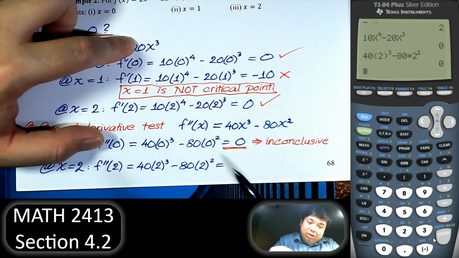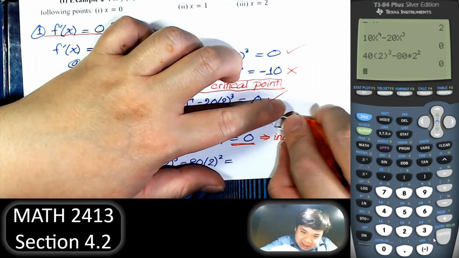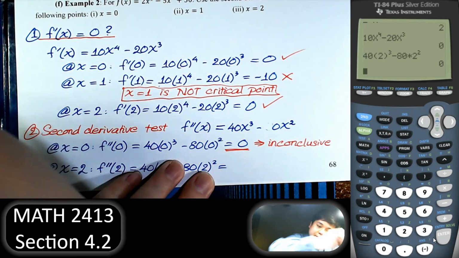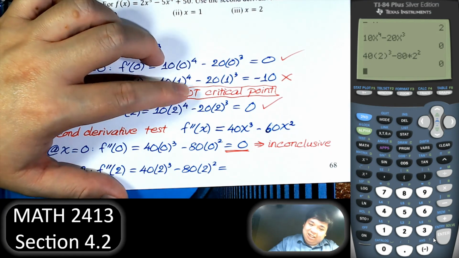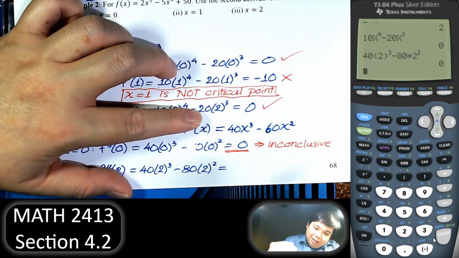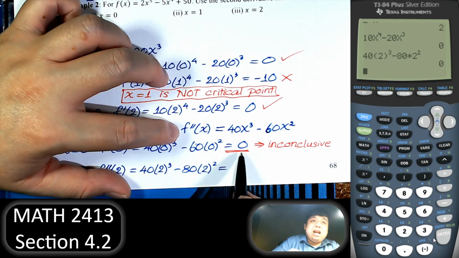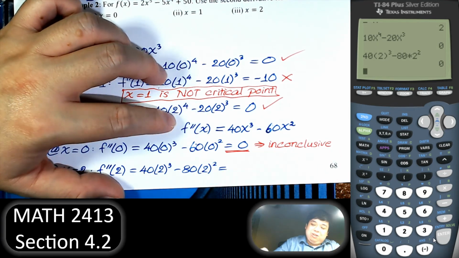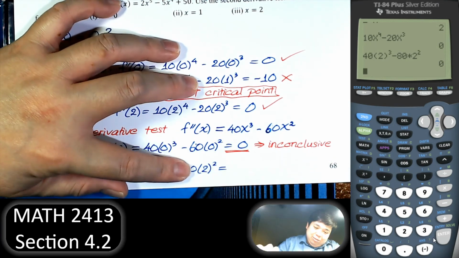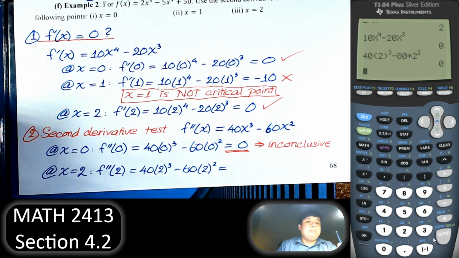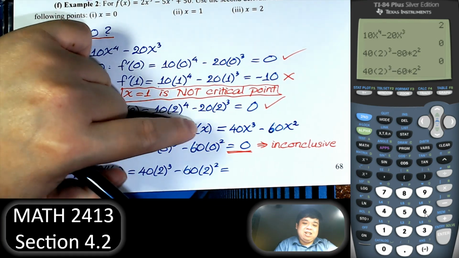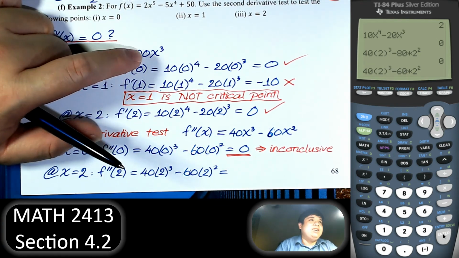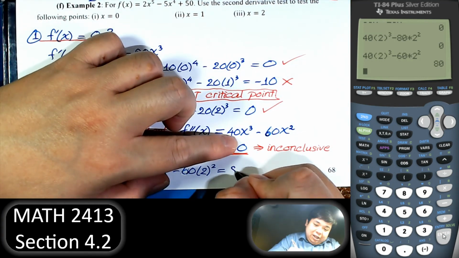It's 40, that should be 16. Sorry. So that's simple math. Good thing that's still 0, which is still inconclusive. But this is not 0 here. Sorry about that. That should be 60x squared. Right, so it is 80.